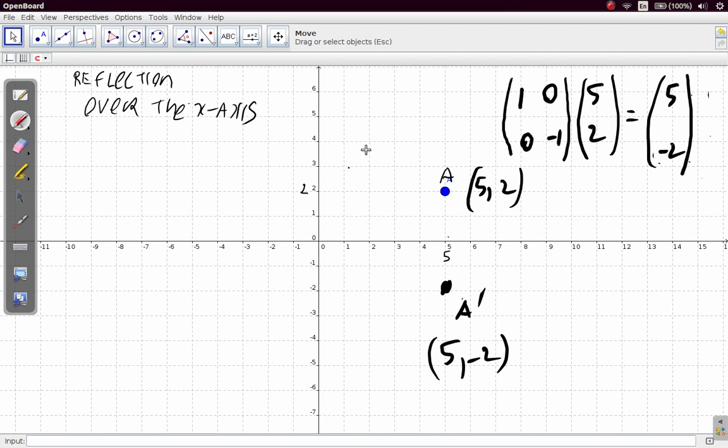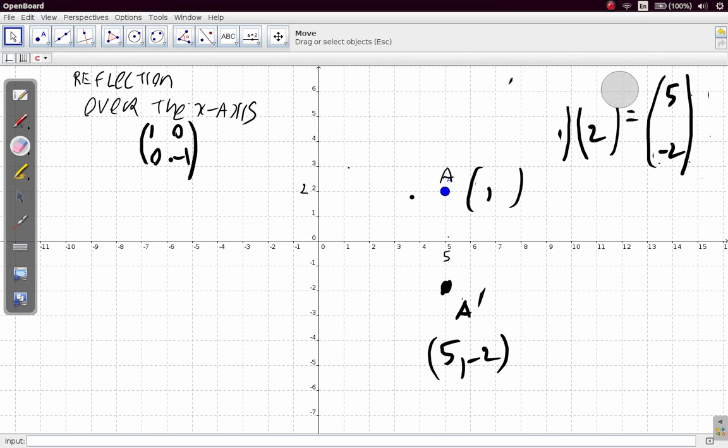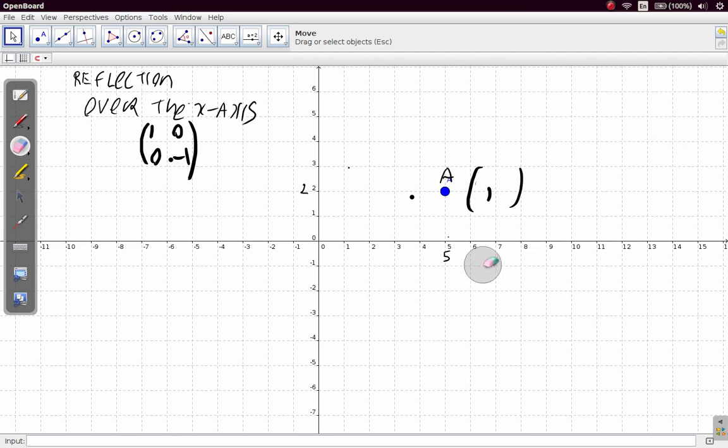So a reflection over the x-axis occurs from the matrix 1, 0, 0, negative 1, multiplying the point. Alright? So this is one example. Now, let's look at it in a more general sense. Let's erase what we had up here and look at it more generally.